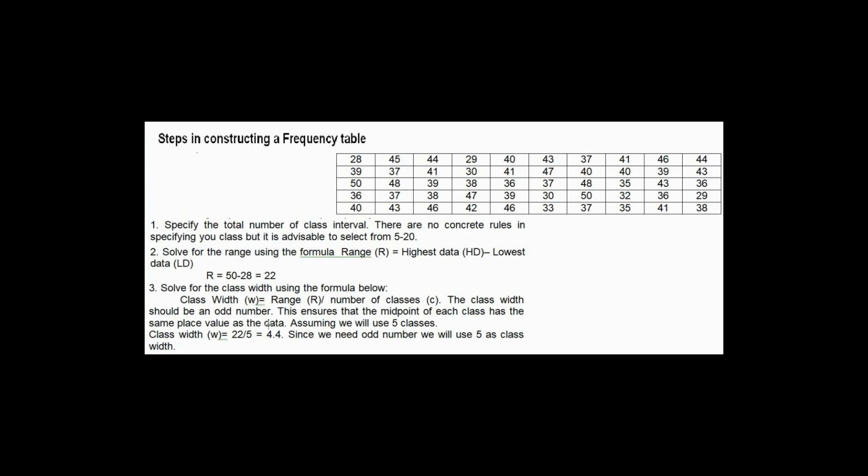Now, what will you do since it is a decimal and an even number? All you have to do is round up or round down. It's up to you, as long as you can justify it when presenting data. Since we need an odd number, we will use 5 as the class width.